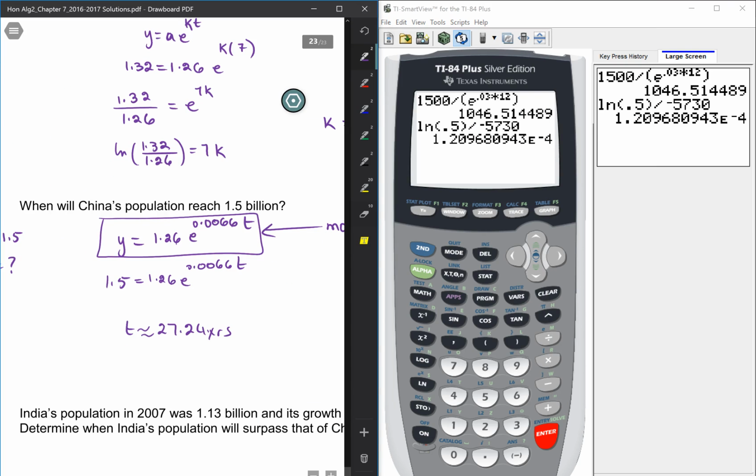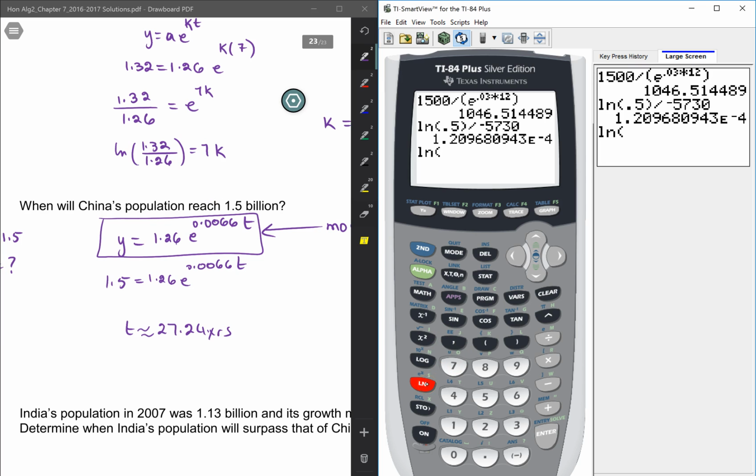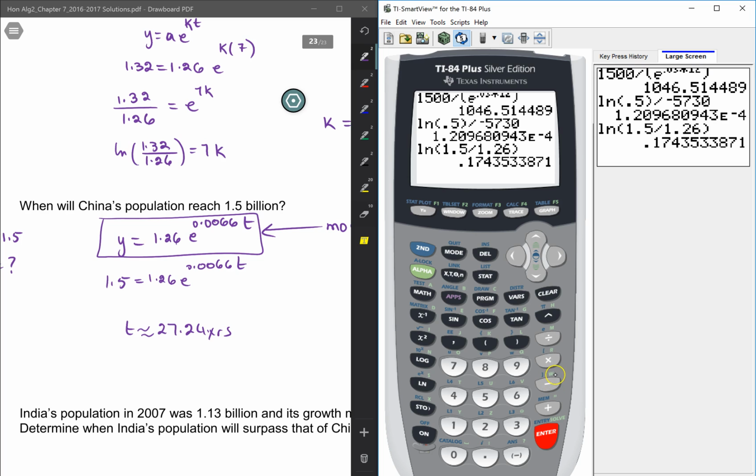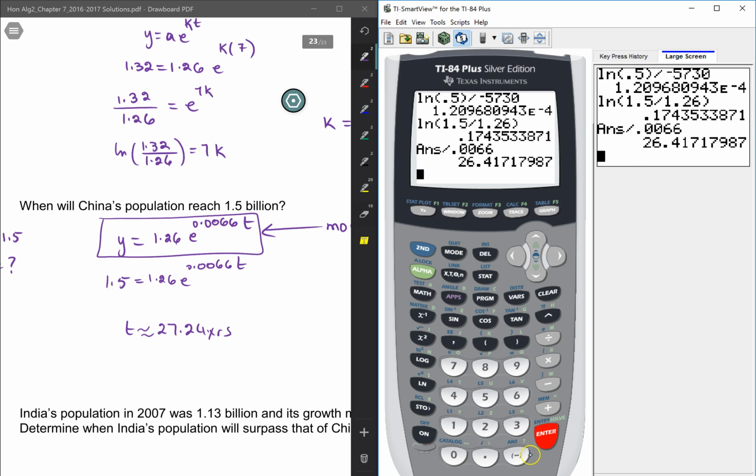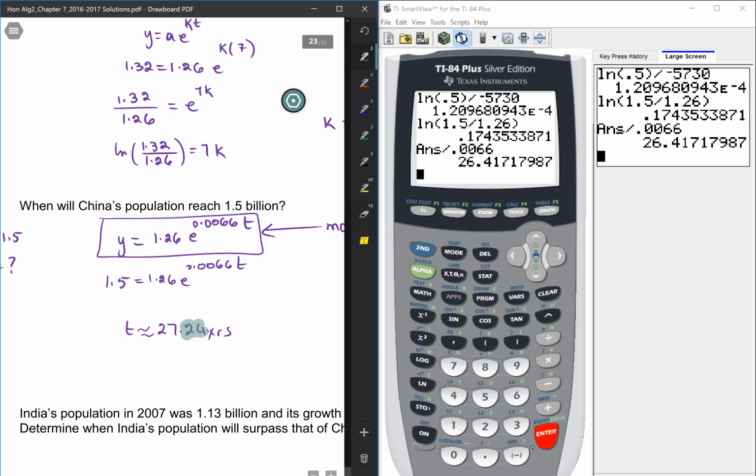So it's ln of 1.5 over 1.26, divided by 0.0066. So it's 26.4.